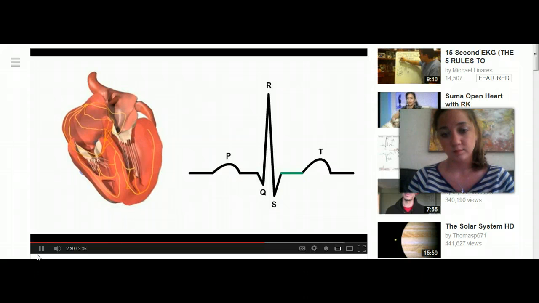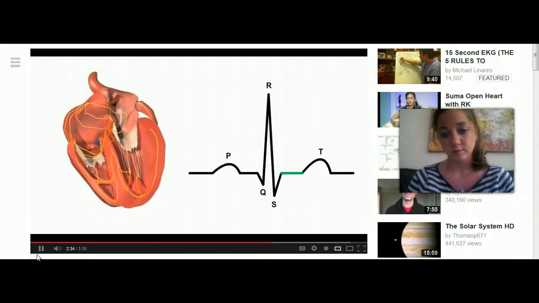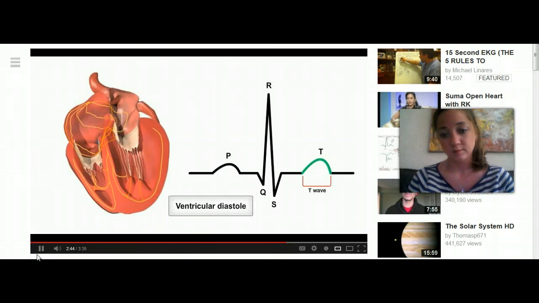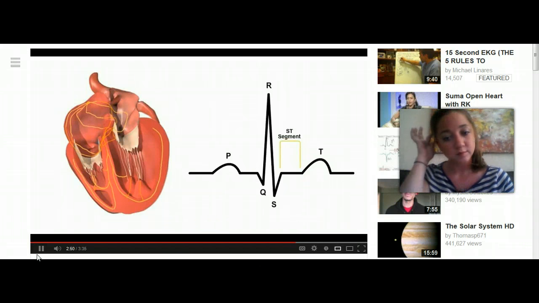Finally, as the signal passes out of the ventricles, the ventricular walls start to relax and recover, a state described as ventricular diastole. The dome-shaped T wave on the ECG marks this ventricular repolarization. On the ECG, the ST segment depicts the period when the ventricles are depolarized.